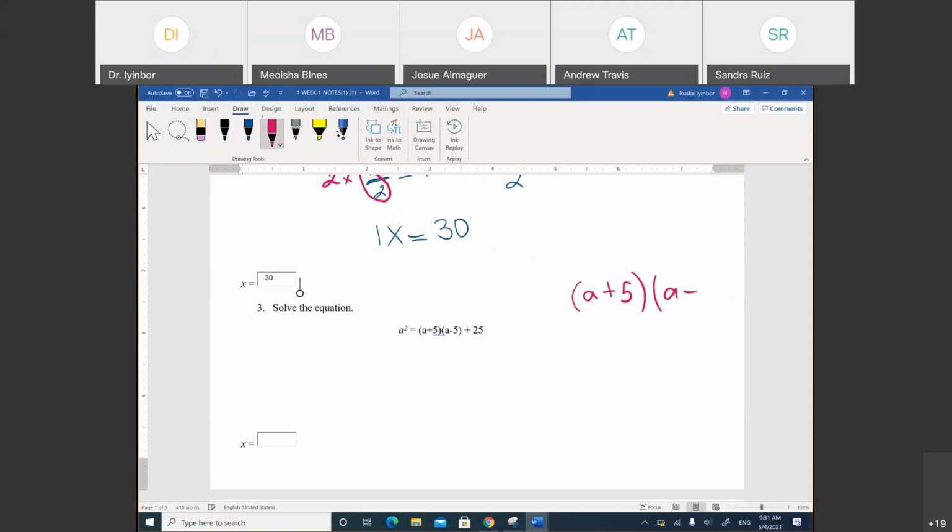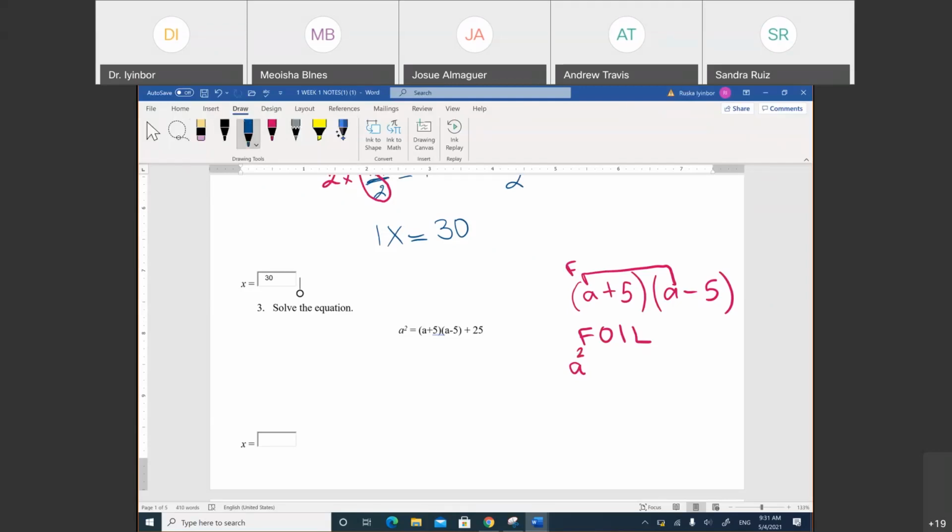You're going to do FOIL. The method is called FOIL. F-O-I-L. F stands for first and first. That's your F. So multiplying a times a is what? A squared. Okay.